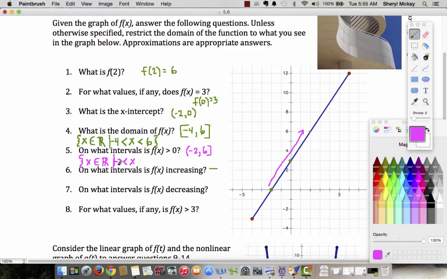And you know what? I'm looking up here at this one, and this really should have been x is greater than or equal to -4 and less than or equal to 6.